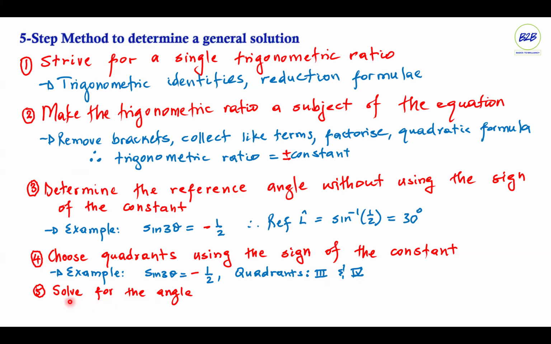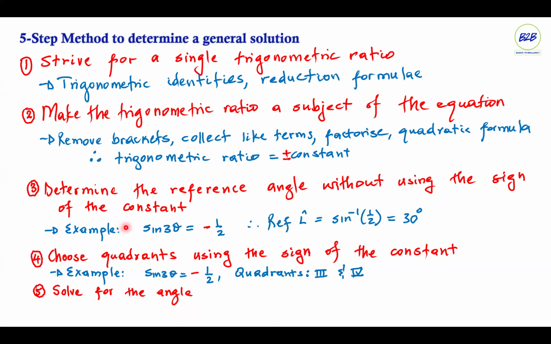At step 5, that is when you can say 3 theta is equal to something. You will see what that something is throughout this episode.